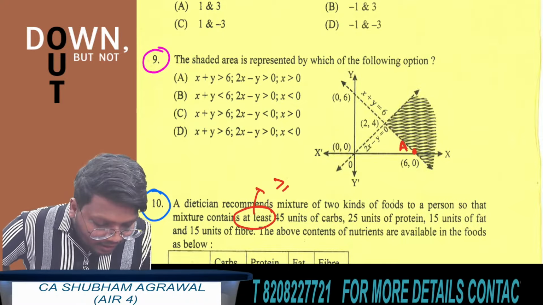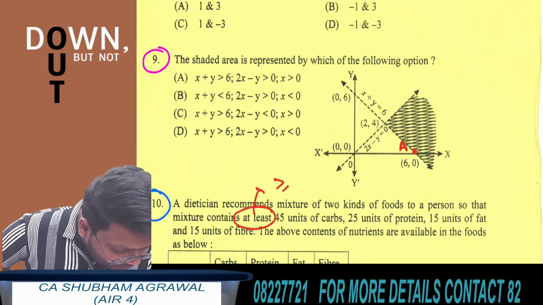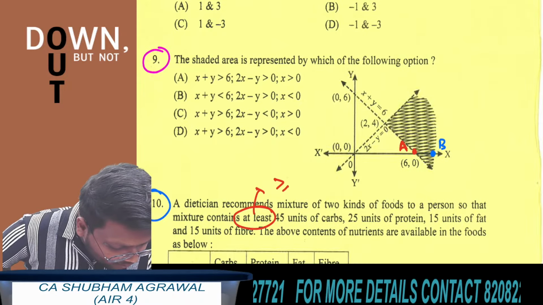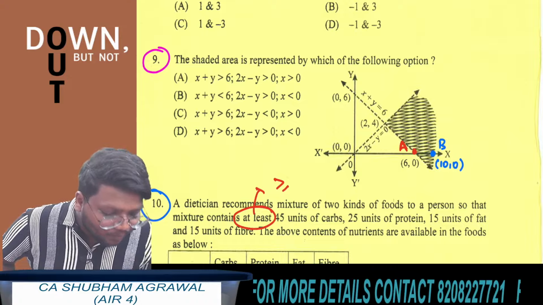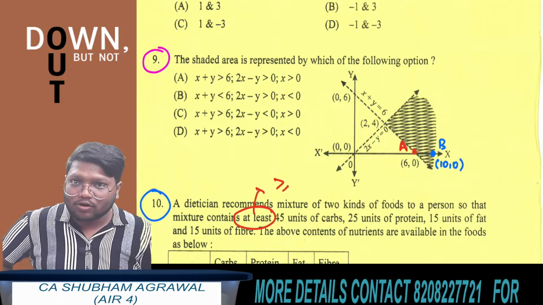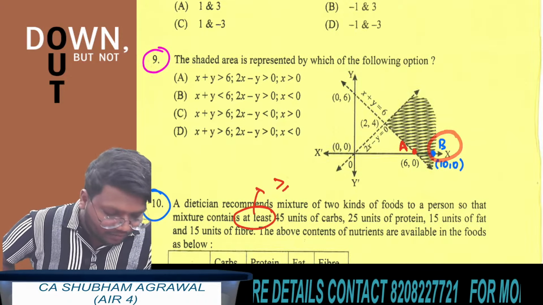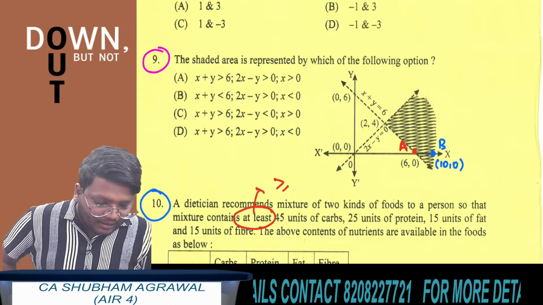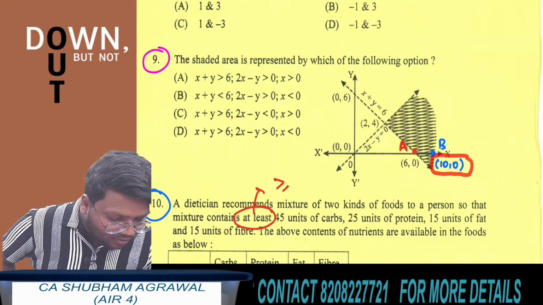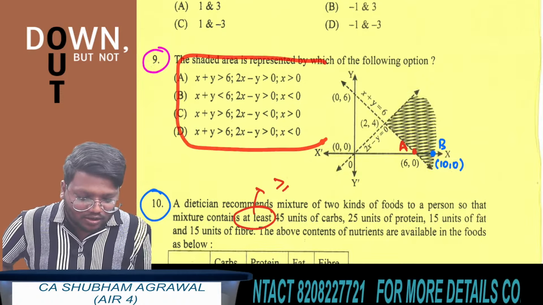Now this point B, let's say its coordinates are 10, 0. This point B lies in the shaded region, yes or no? Yes, point B with coordinates 10, 0 lies in the shaded region.